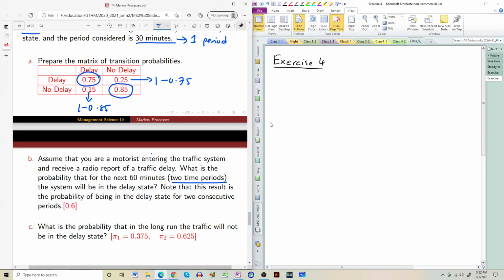Okay, there are 2 states now. The first state let us define as delay. The second state is no delay. Let us do this: 30 minutes is 1 period, 60 minutes is 2 periods, so we can do a tree diagram here.